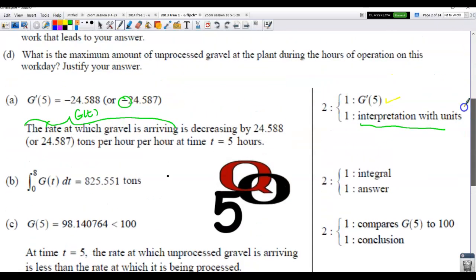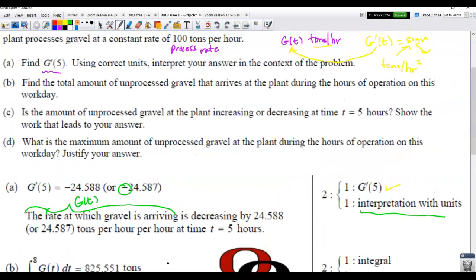In letter B, they want us to find the total amount of unprocessed gravel. So read your words carefully. We're only dealing with unprocessed gravel that arrives at the plant during the workday. So we don't need the initial condition because that gravel was already there. This is the amount of unprocessed gravel that actually arrives during the hours of operation.